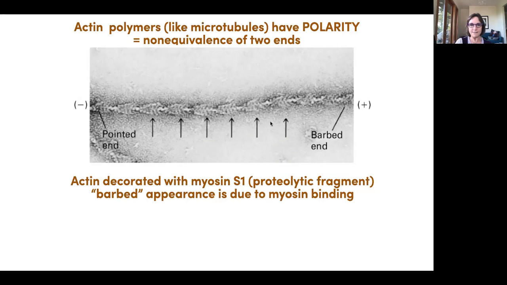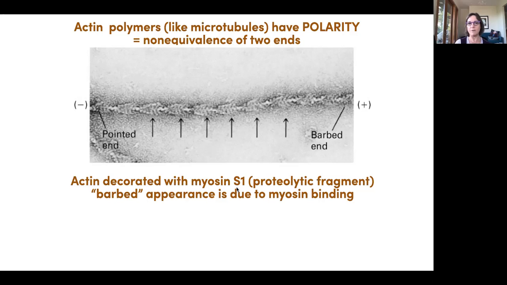Okay, so actin is polarized, and so are microtubules, and that's important because it allows motors to walk in a directional way along actin filaments. It also allows directed assembly and disassembly of networks of actin. Sometimes people use this trick to visualize actin for electron microscopy, where they take a little fragment of myosin.